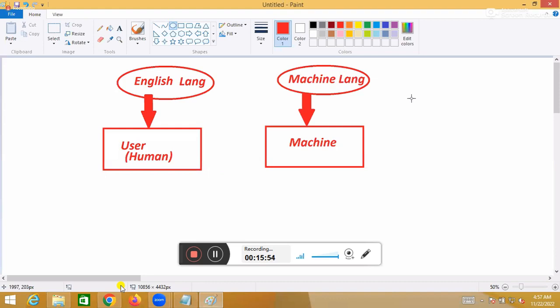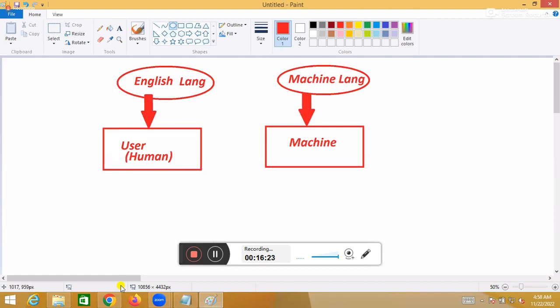If you understand, that is high level. If you are not understanding, that is low level. For you, low level means machine only. Because of this reason, C language prepared your mindset. If you don't understand, that is machine language. So finally, what I don't understand is low level. What I understand is high level.